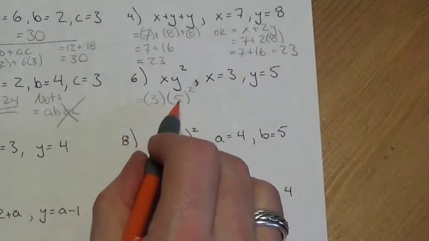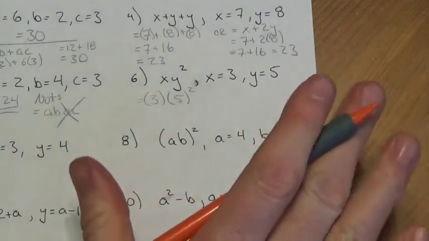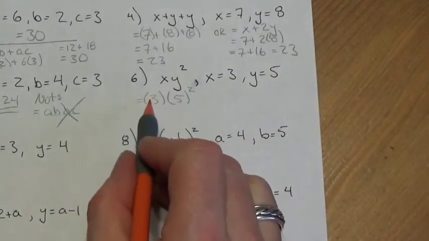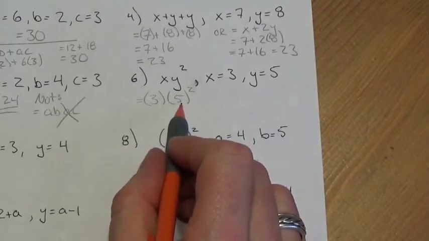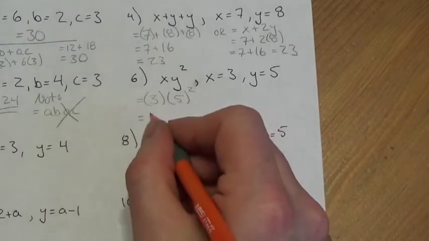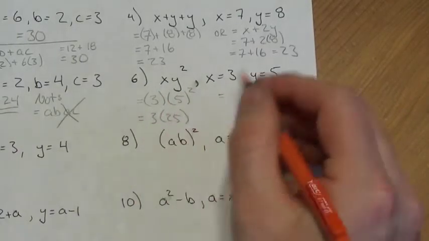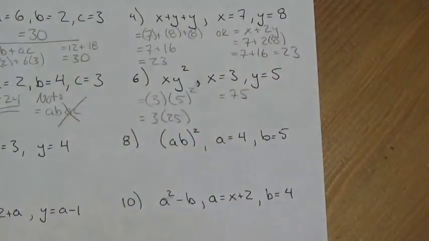You cannot multiply the 3 by the 5 and then square it. Please, once again, don't do that. You cannot do multiplication prior to that square, so you can't make that 15 squared. This has got to be 3 multiplied by 25. Do the square first, then multiply, and I get 75. That's the correct answer.